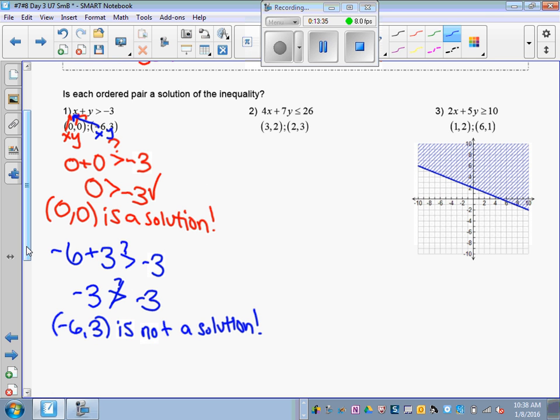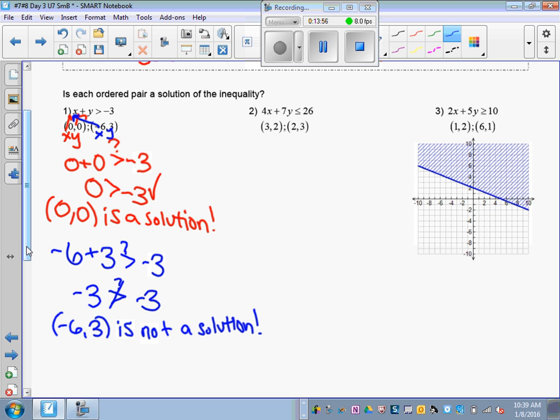All right, so number 3. Let's take a look at this one. They already gave us the graph for this. So our solution is something that's either on the solid line or in the shaded area. They ask about the point 1, 2.